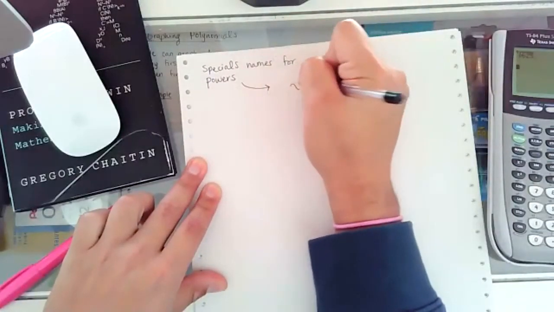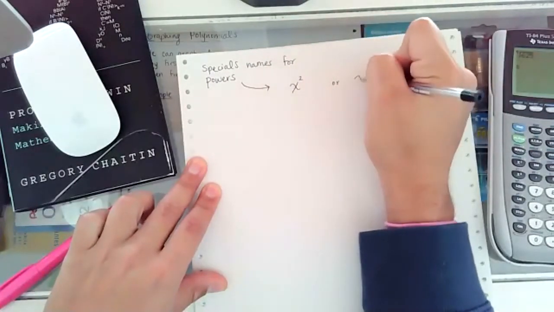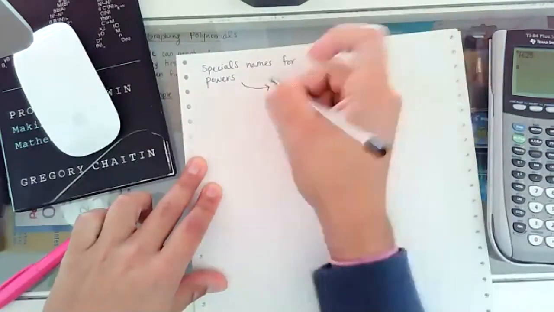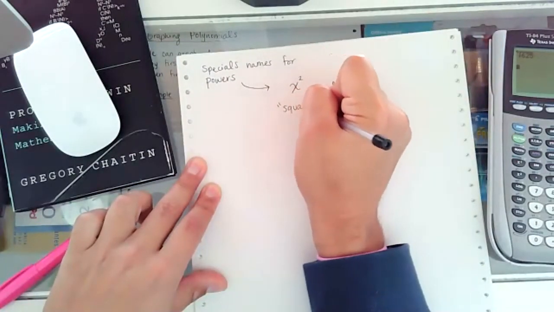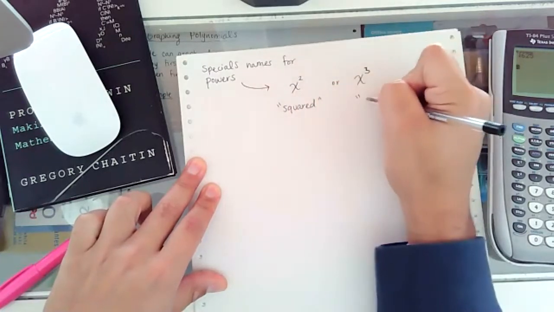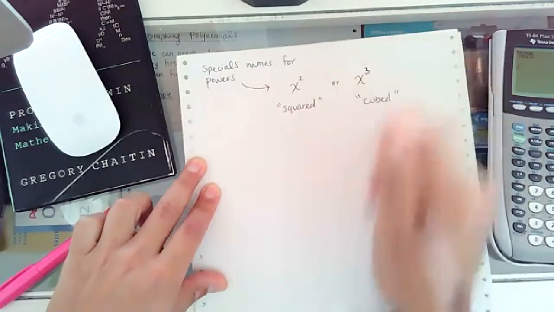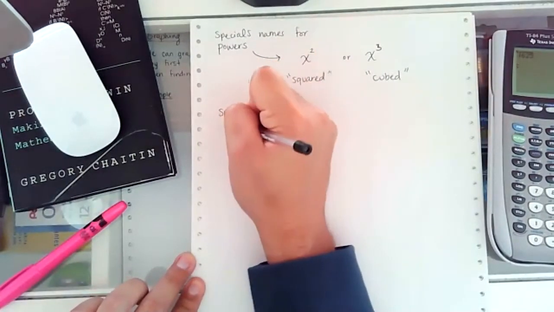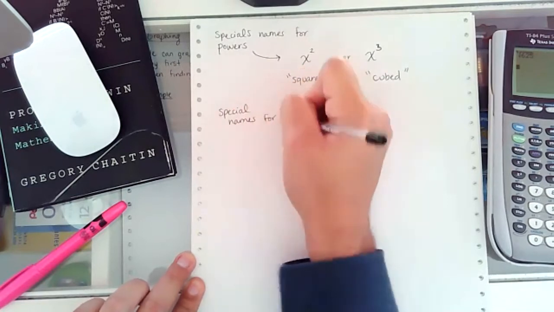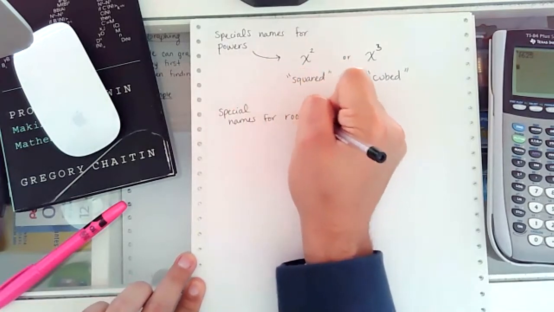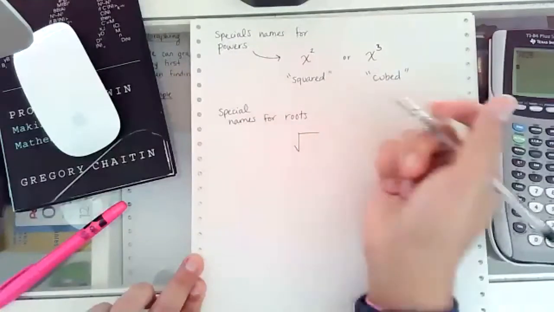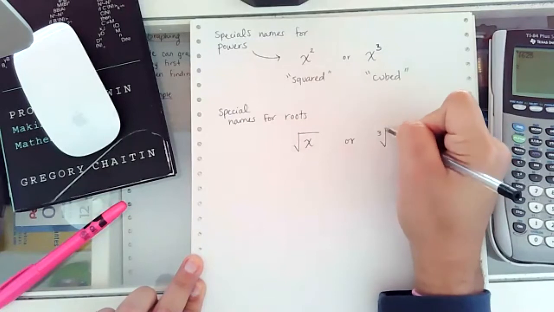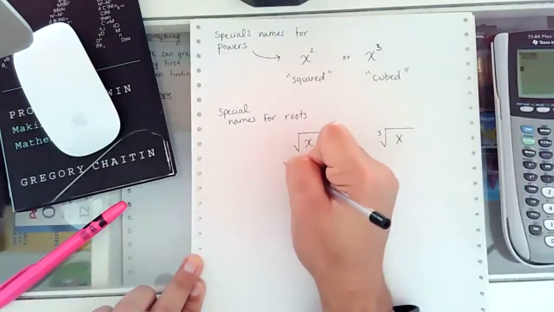We said that if we have x to the 2nd power or x to the 3rd power, we call this squared and we call this cubed. So we have special names for roots: the square root of x, or the cube root of x.